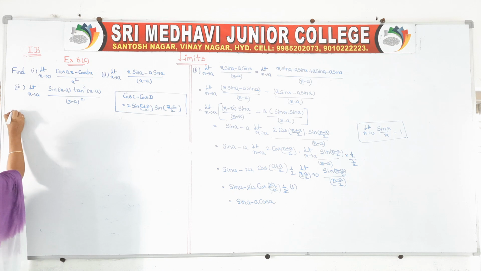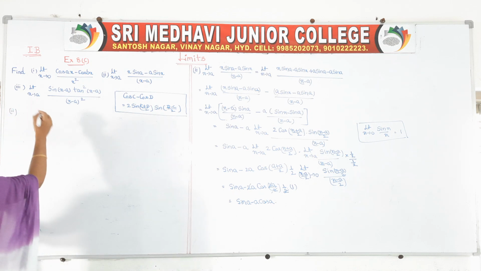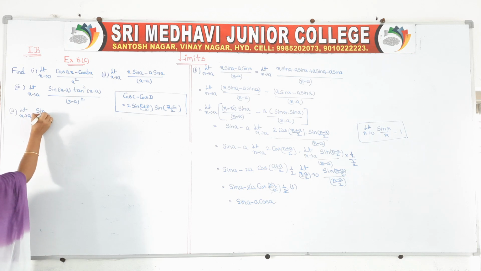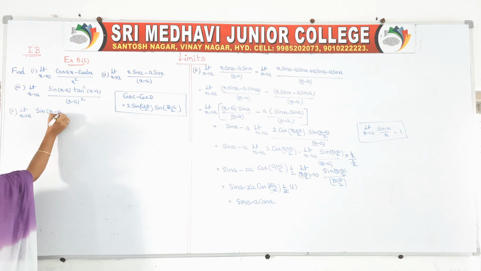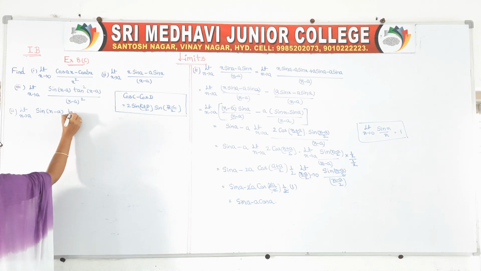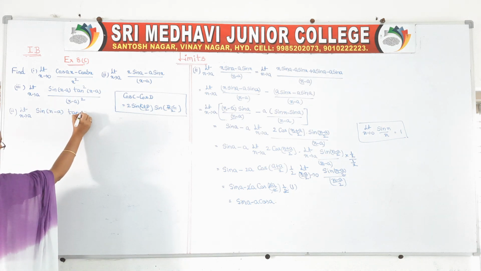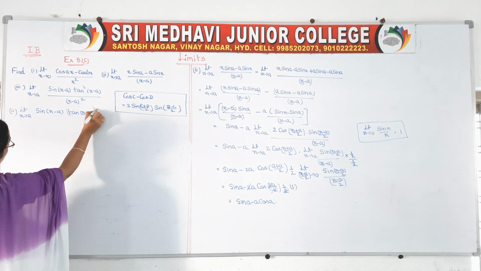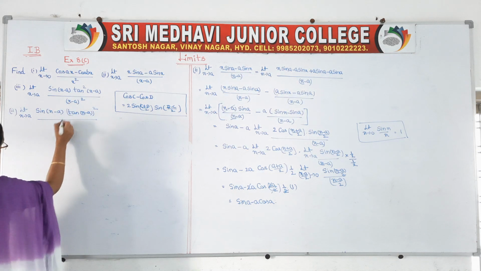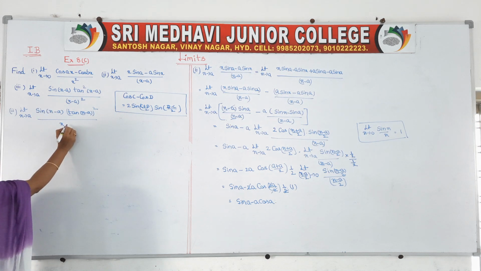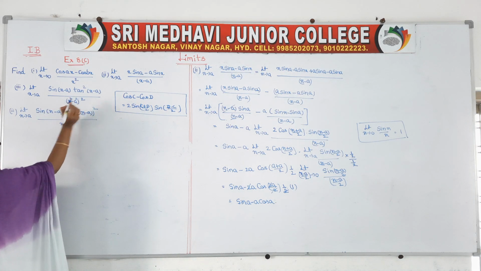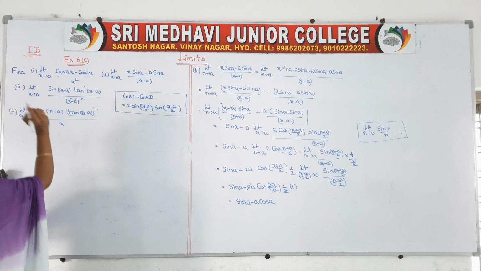So, come on, take the third question. What is the question given to you? Limit x tends to a, sin of (x minus a) into tan square, means we can write tan of (x minus a) whole square, by (x square minus a square) whole square.